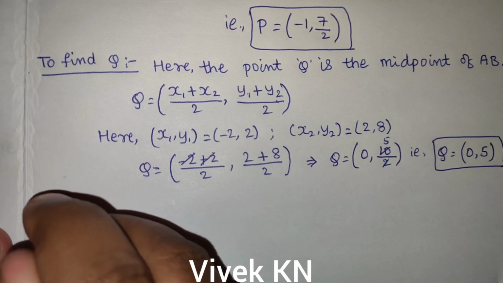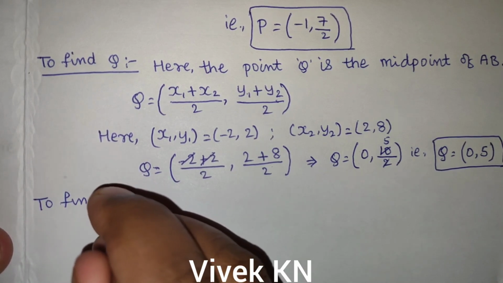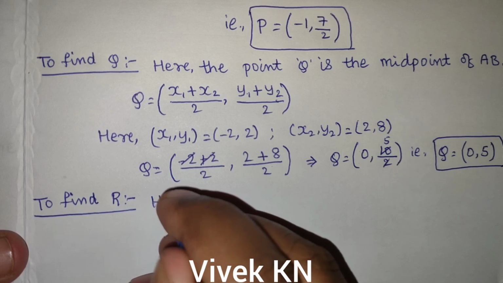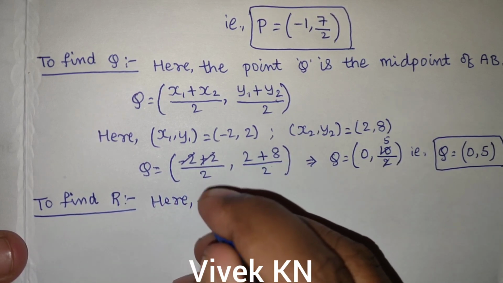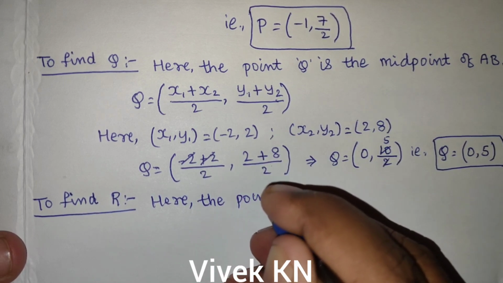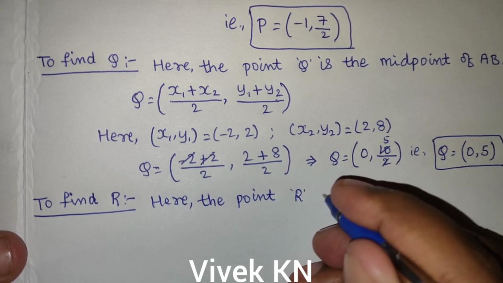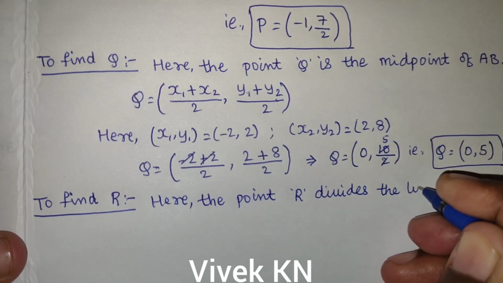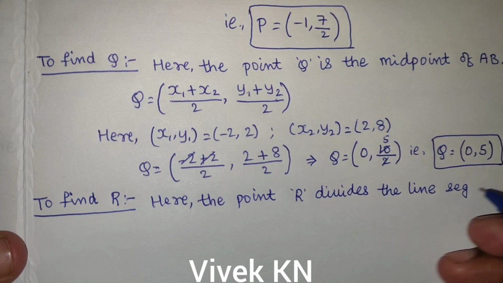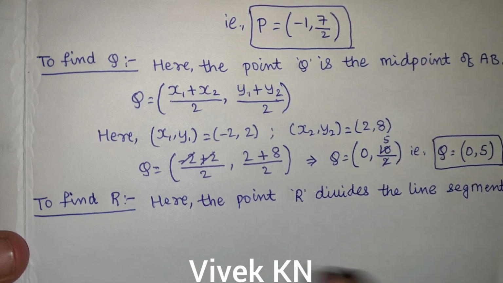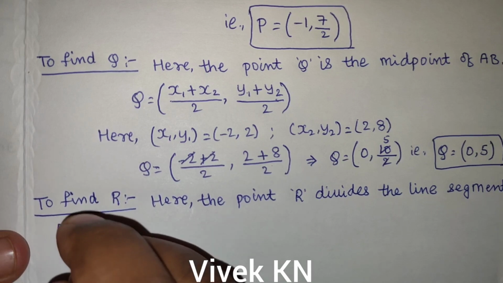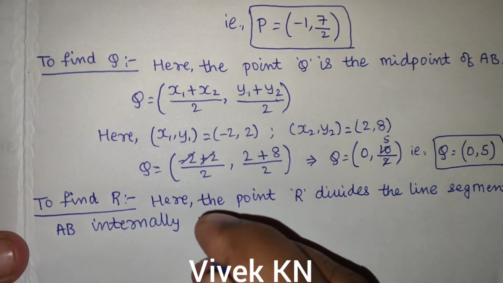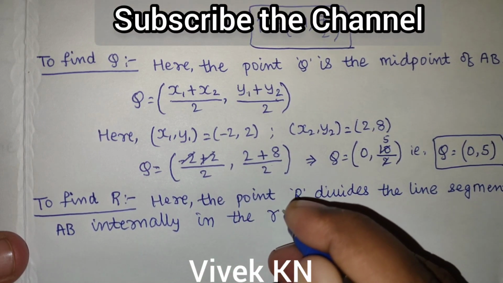To find R, the point R divides the line segment AB internally in the ratio 3:1.